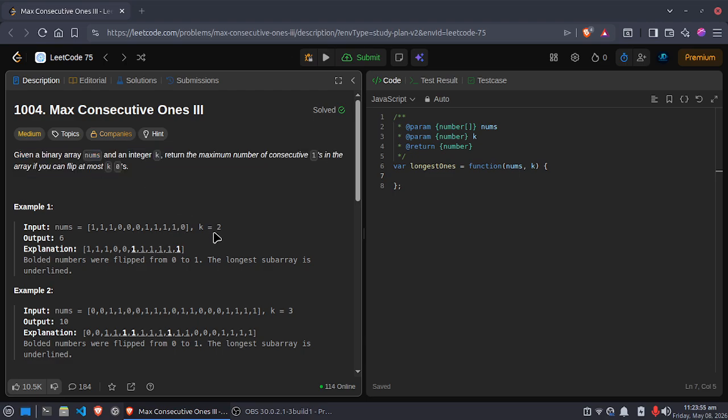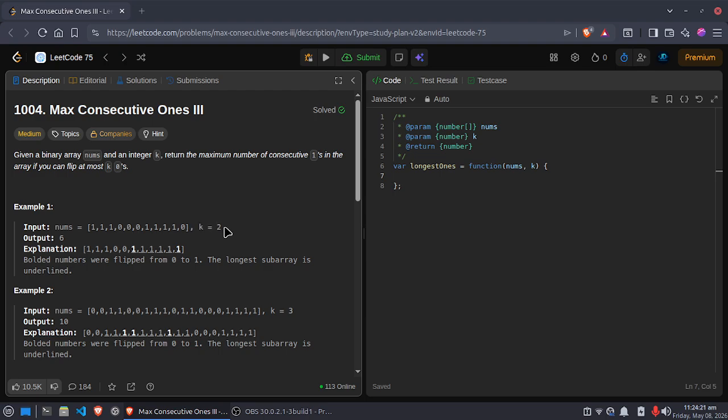In this problem we are given a binary array, this nums array, and it has only 1 and 0. Means only these two numbers are here, 0 and 1. And in the input we are given a value k. Means we can flip at most k zeros into ones.